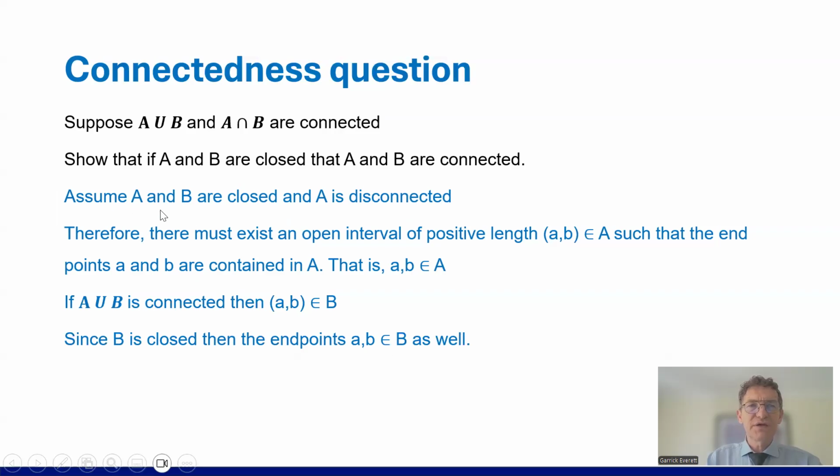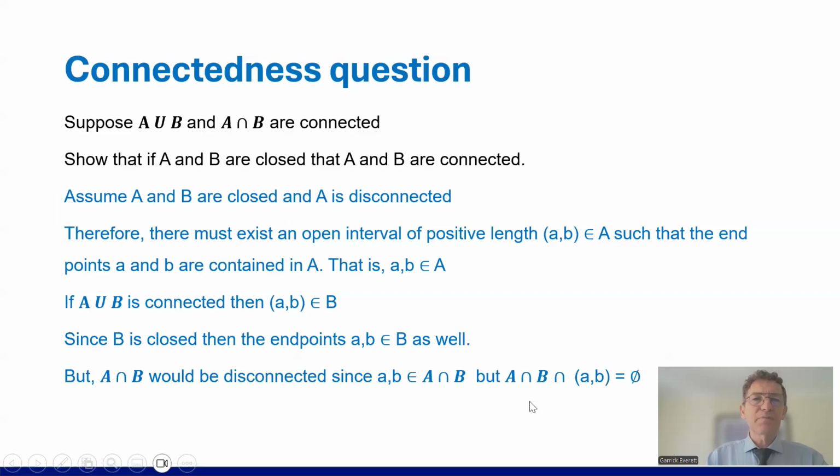Okay, because we've assumed A and B are closed. But, problem, A intersection B would be disconnected since A, B are elements of A and B.